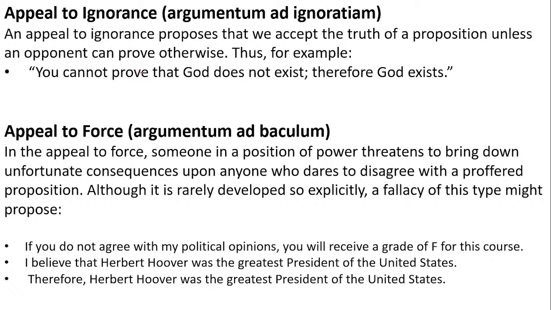There are so many people who say you cannot prove that God does not exist, therefore God exists. What we are doing is ignoring something that is not proven yet. If you're saying that God does not exist and it cannot be proven, then you are saying the opposite, that God exists. So this is appeal to ignorance. It is called argumentum ad ignorantiam.